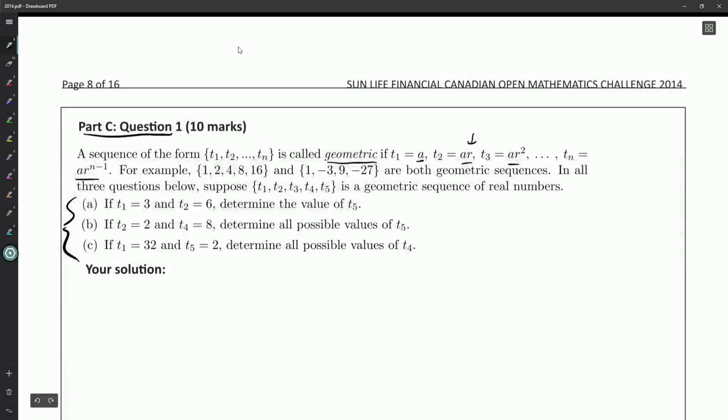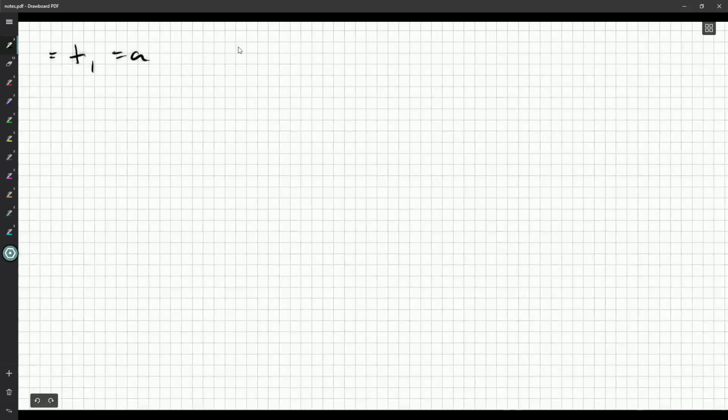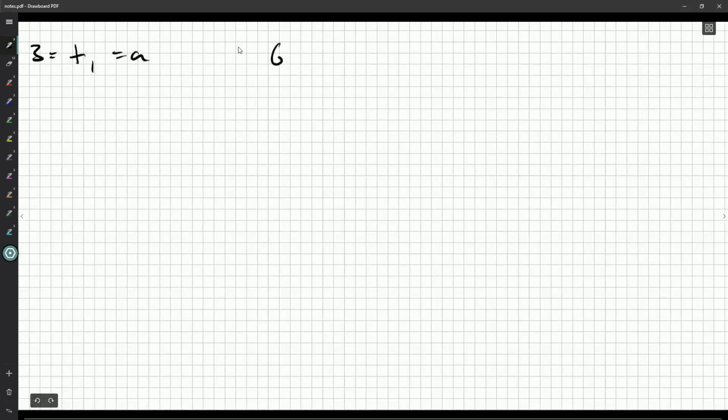T1 is A, which is 3, and 6 was T2, and so that's AR. So T2 over T1 is AR over A, which is R, but that's 6 over 3, so R is equal to 2.